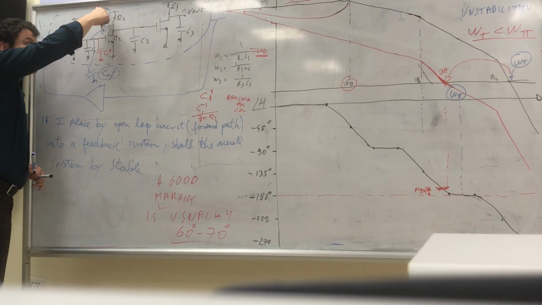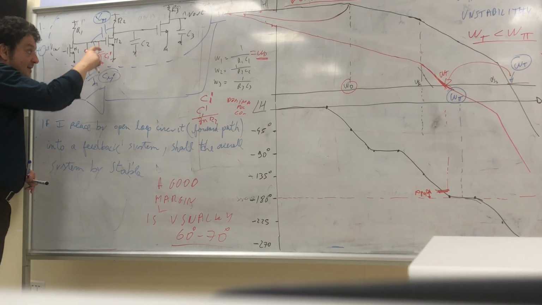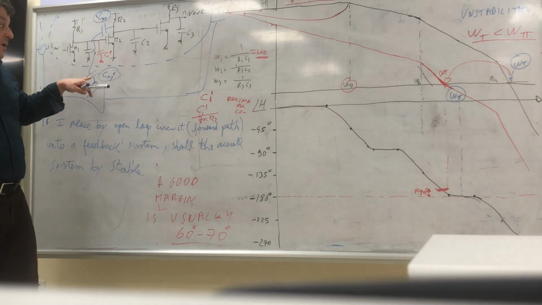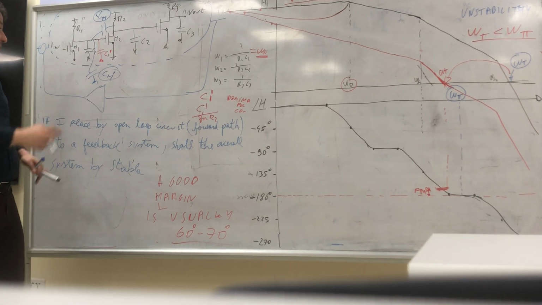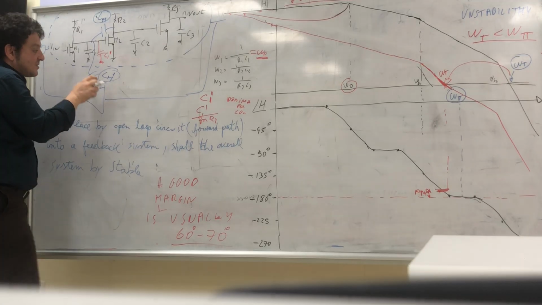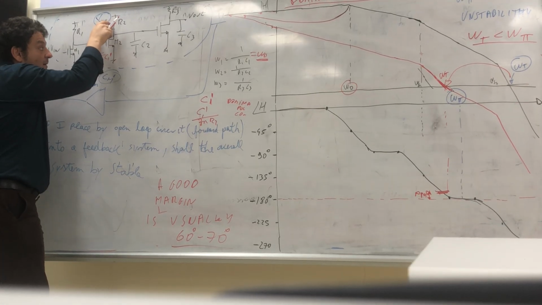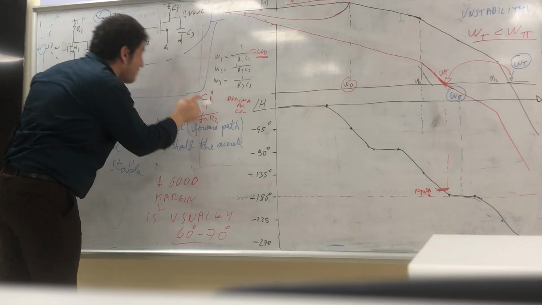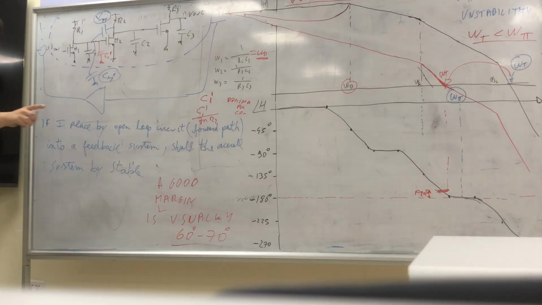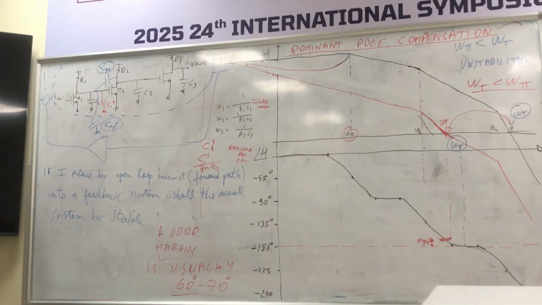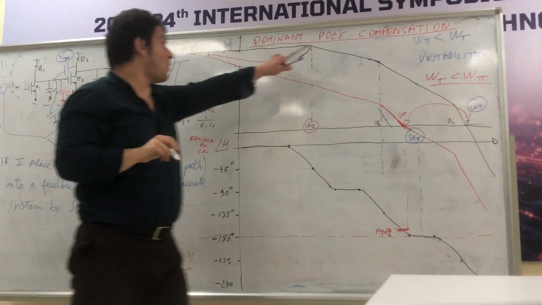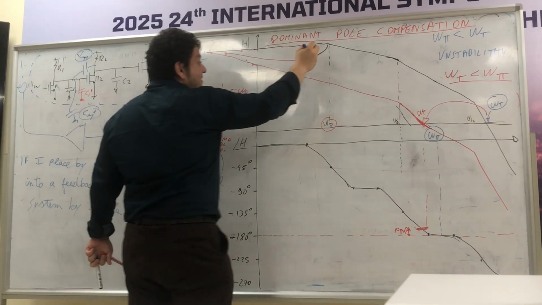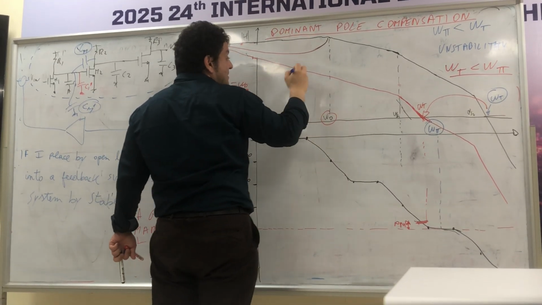So when you place this equivalently at the input of the stage, with a smaller value, it has the same effect. So having a capacitance C1, or a capacitance that is the gain times smaller here, is the same because of the Miller effect. So this is dominant pole compensation, where adding the capacitance here has the same effect with a smaller capacitance.